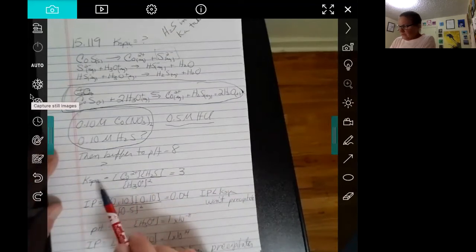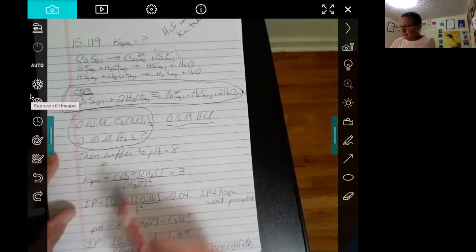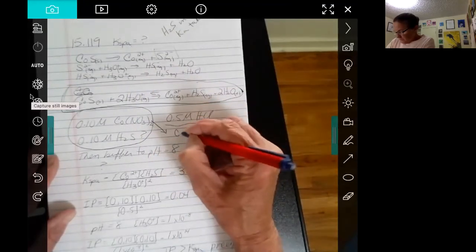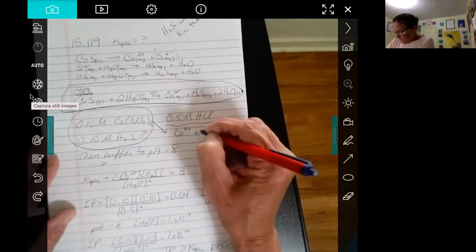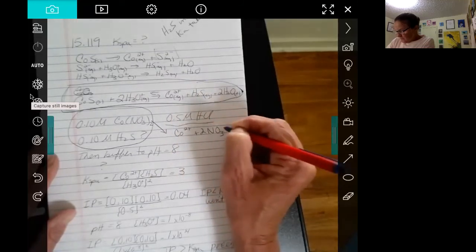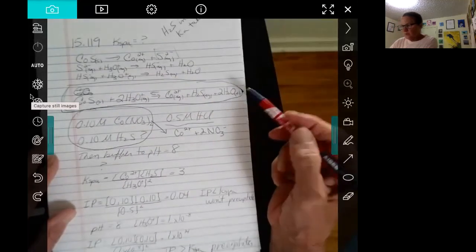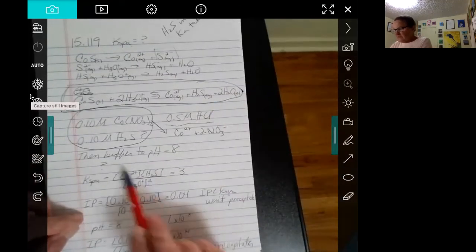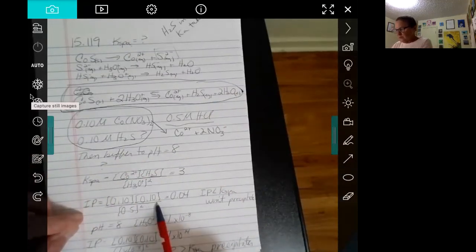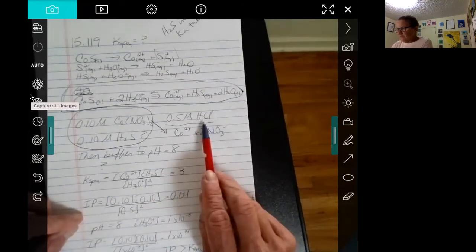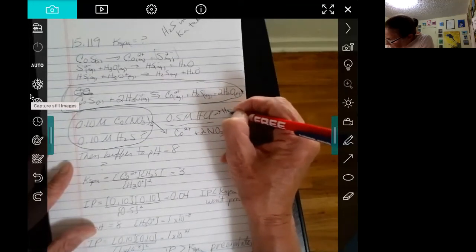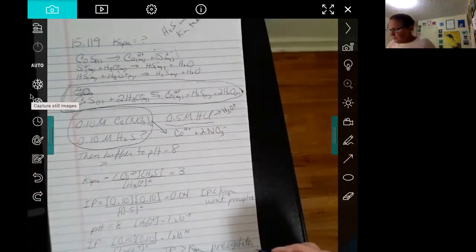So KSPA is 3. The concentration of cobalt I'm putting in, because this is soluble, is a soluble form. All nitrates are soluble. So if I put in 0.1 molar cobalt nitrate, I'll have 0.1 molar cobalt. It tells me that the H2S is 0.1 molar, and it tells me that the HCl concentration is 0.5 molar.